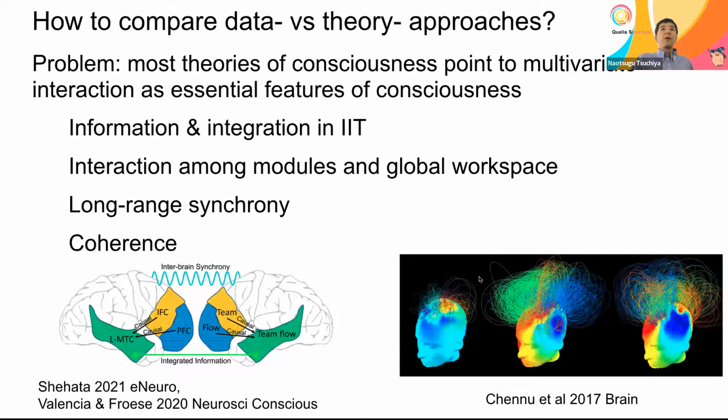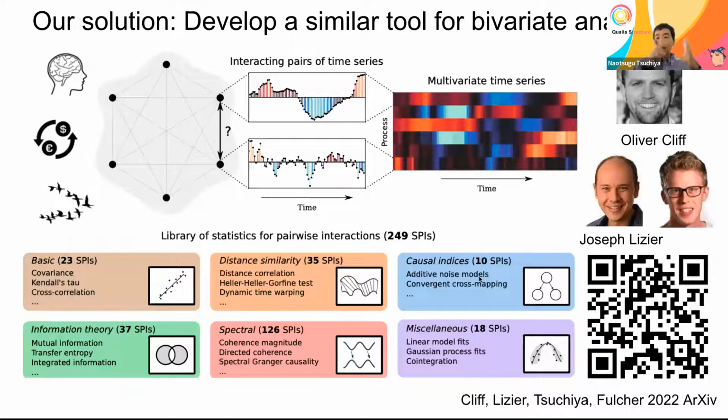So to make an HCTSA-like toolbox, but for bivariate analysis, Oliver, in collaboration with Joseph and also Ben, started to construct this bivariate version of HCTSA.